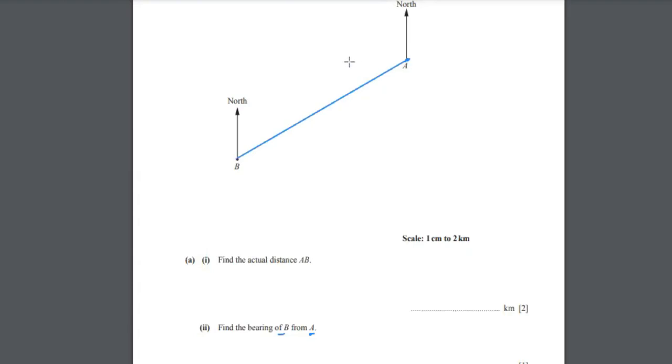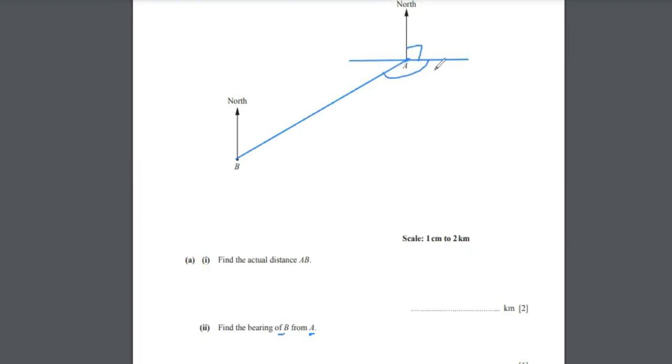You will draw a horizontal line like this using your protractor, measuring 90 degrees from here. So this will be 90 degrees. And then you will use your protractor to measure this angle.